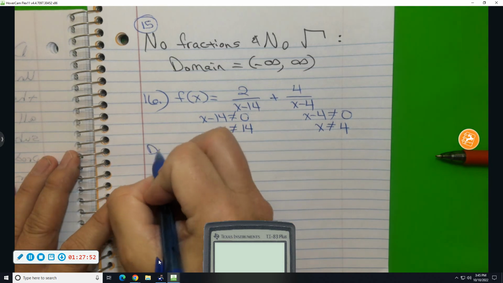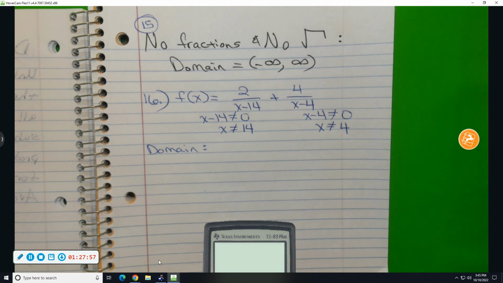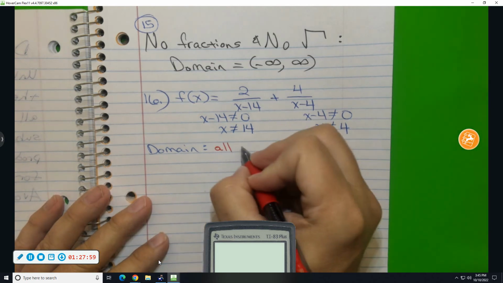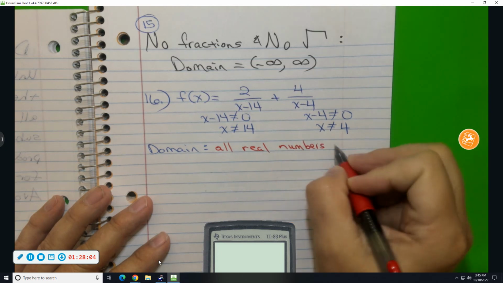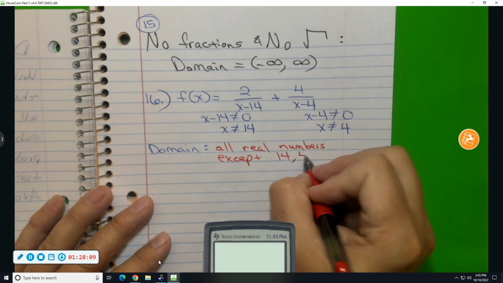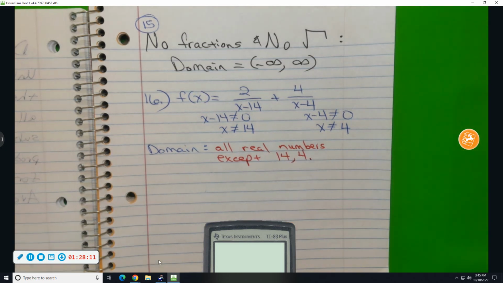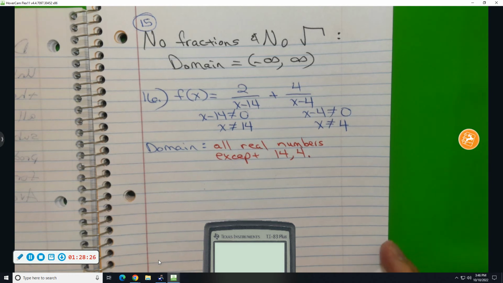So if we were going to write it out in words, the domain is all real numbers except 14 or 4. You could plug in pi if you wanted to. You could plug in negative 50 million if you wanted to. You can't use 14 or 4. And they're going to want that in interval notation. So let's think about our number line.